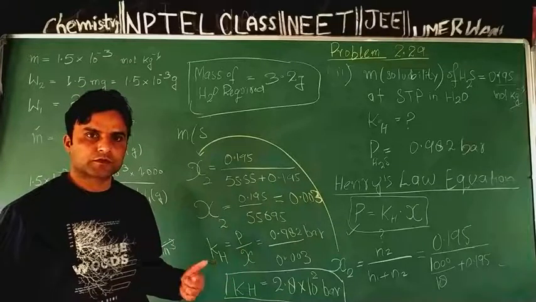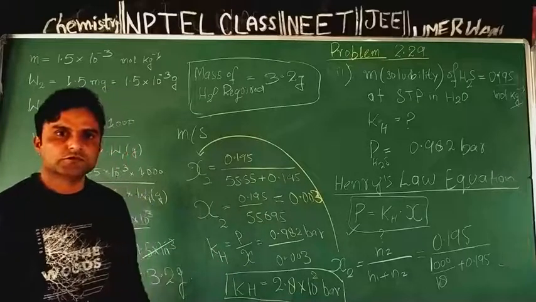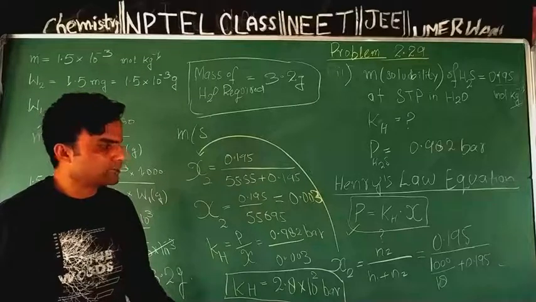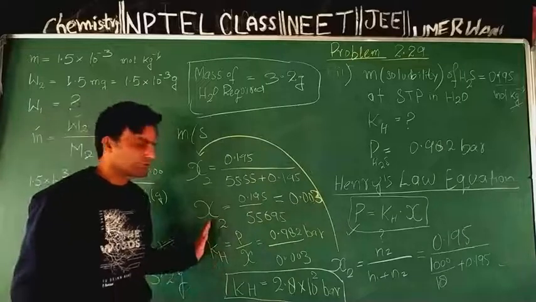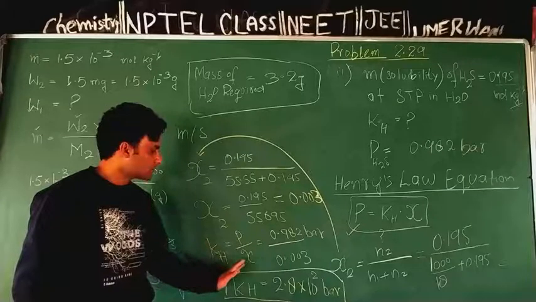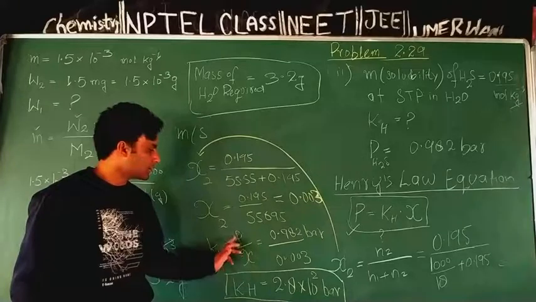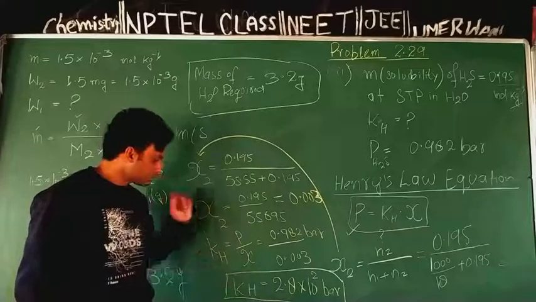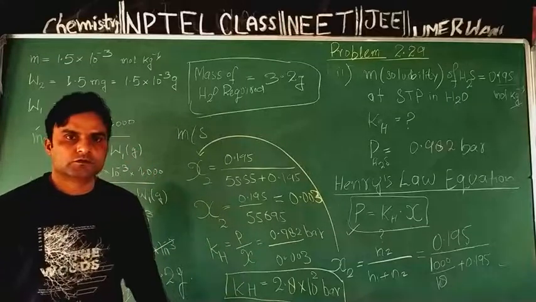I needed mole fraction, not molality. To determine mole fraction, I used the definition of molality, from where I first got the number of moles of solute and solvent. Then I determined the mole fraction of hydrogen sulfide gas, and substituted it in the basic Henry's law equation, wherein partial pressure was given, mole fraction was calculated, and I determined Henry's law constant equal to 2.8 into 10 raised to power 2 bar.